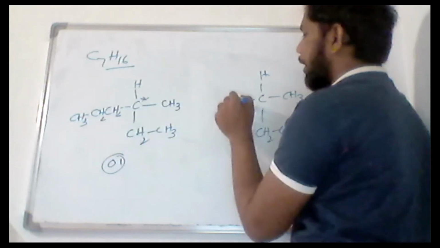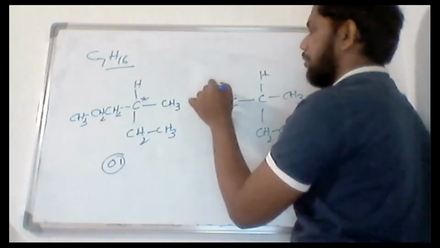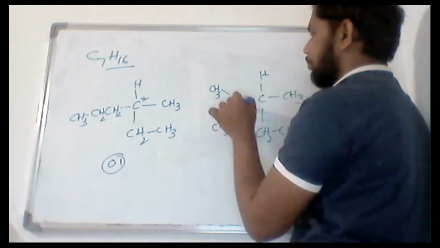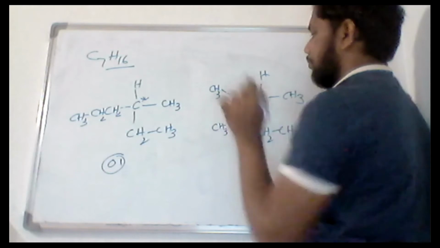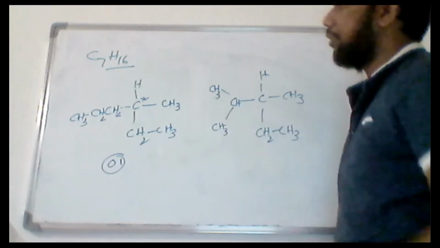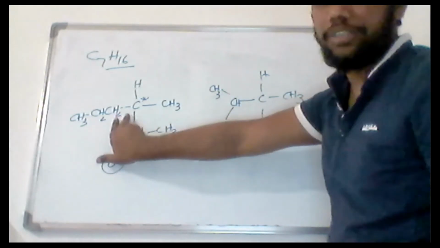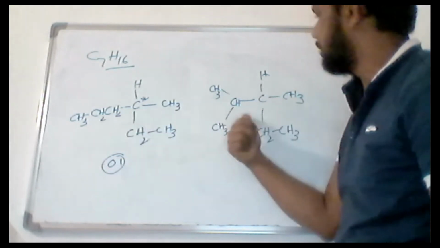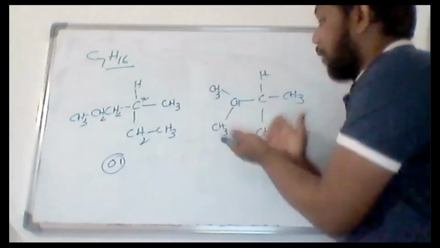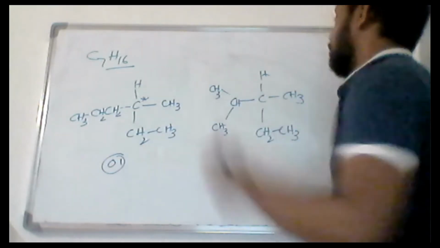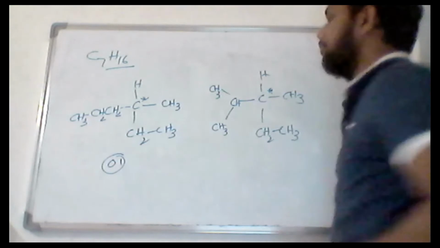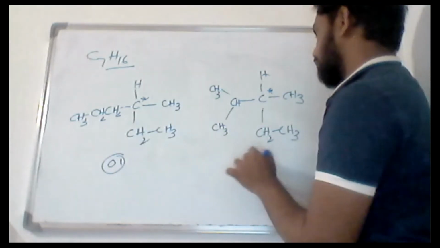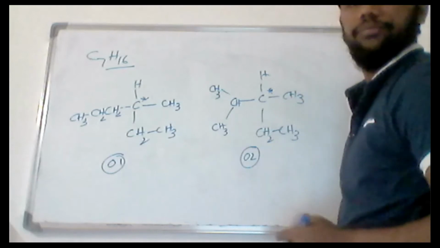So it is now like this. Here it was connected to the first carbon, and now it is connected to the second carbon. This one is also still optically active. So this will be my first structure and this will be my second structure.